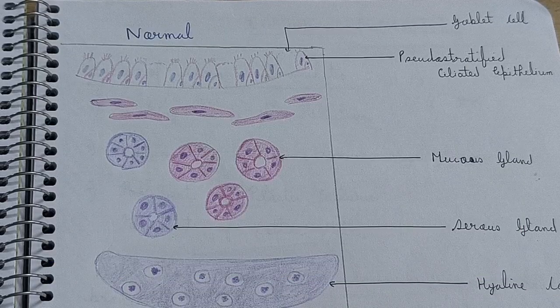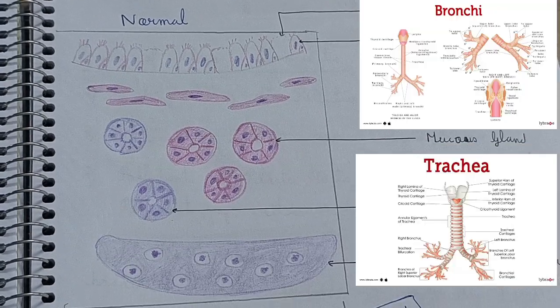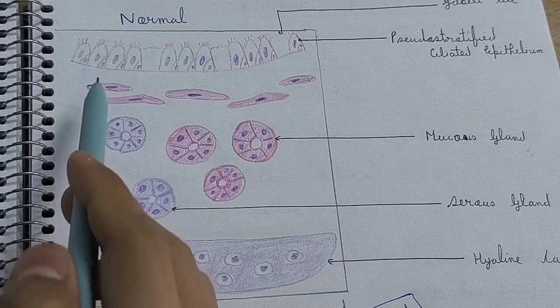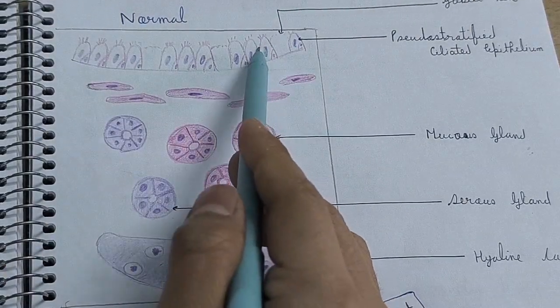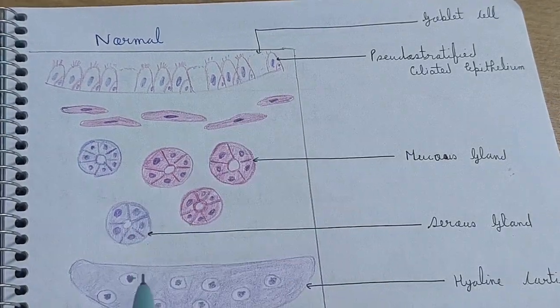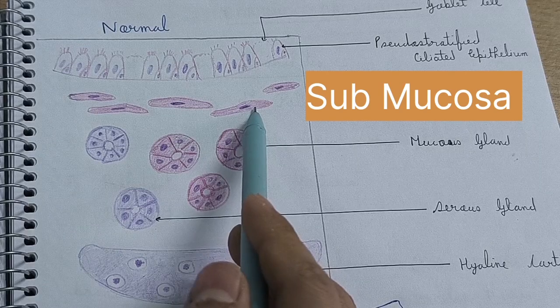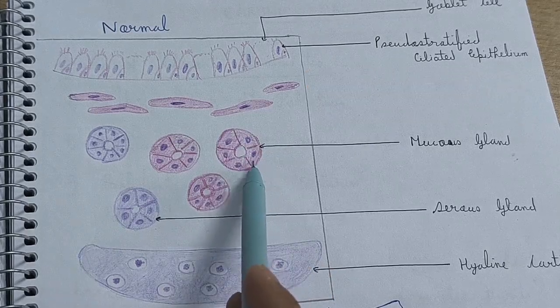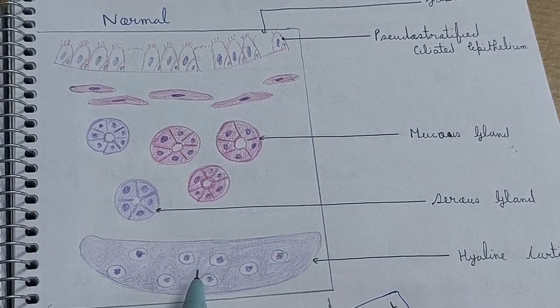So friends, see this histophysiology of trachea and bronchi. If you see this, you can notice the pseudostratified ciliated columnar epithelium, and these are the goblet cells, and this is the submucosa, and in this submucosa smooth muscle is present, and here mucous gland and serous gland are present, and this is the hyaline cartilage.